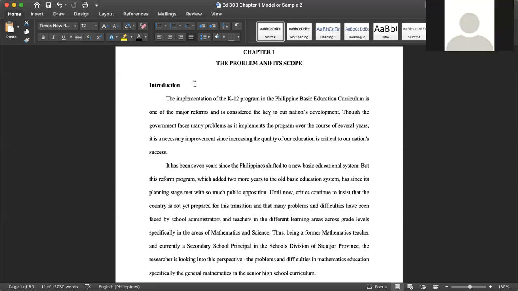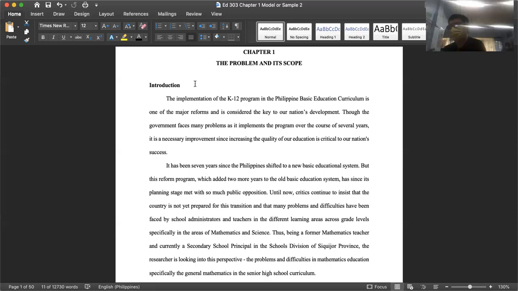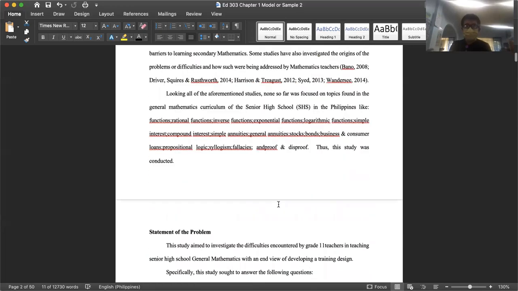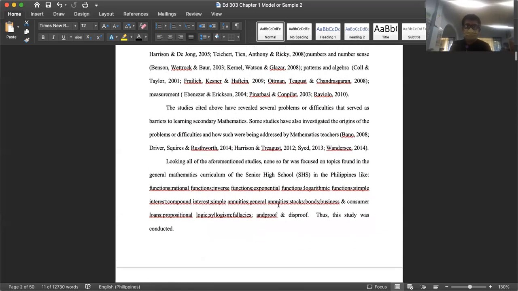Font type Times New Roman, font size 12, spacing 1.5. Pagination: pagination should be in the lower right-hand corner.